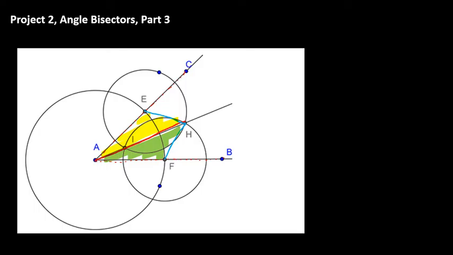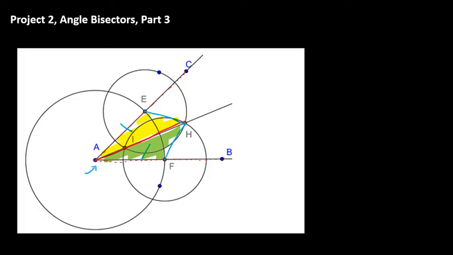And here's my clue to get you started: I can claim that line segment AE is congruent to line segment AF because E and F are the same distance from A. How do I know that E and F are the same distance from A? You'll notice that A is the center point of this circle, and we know that because of the tool we used to draw it.